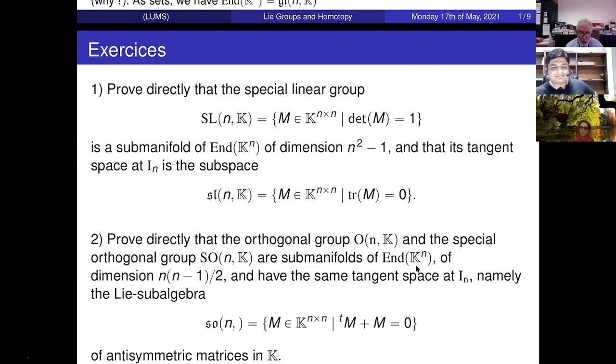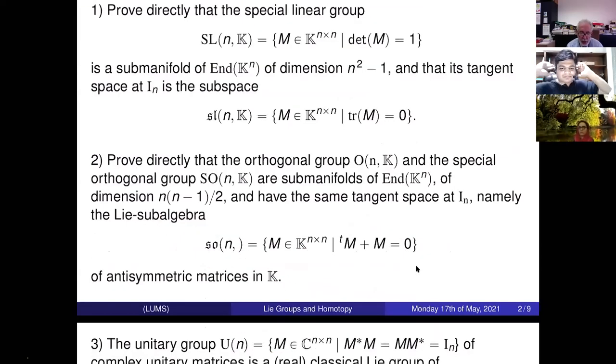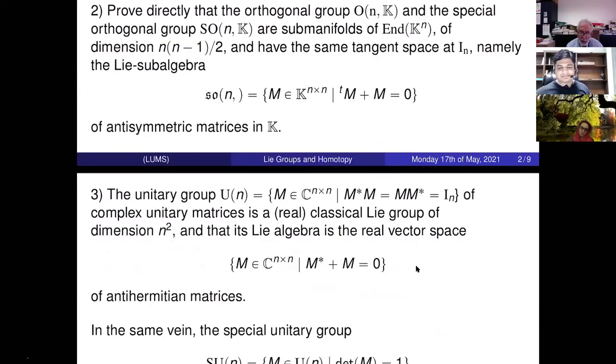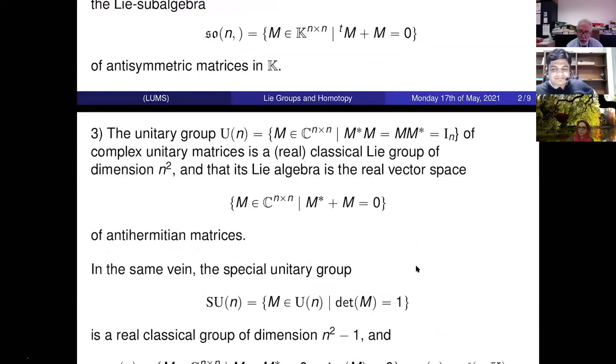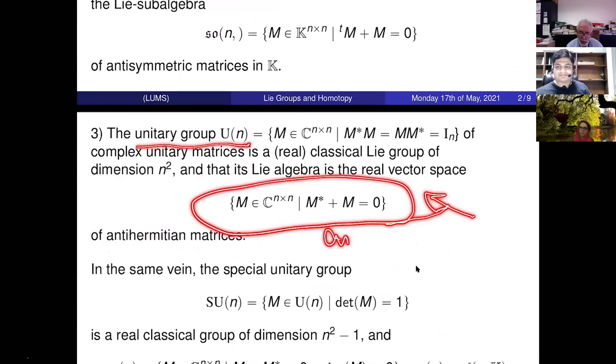It is more difficult because we have conjugation here. If we take the unitary group U(n), it is also a closed subgroup inside of GL(n,C). It is even compact, and the Lie algebra is the set of all anti-Hermitian matrices.